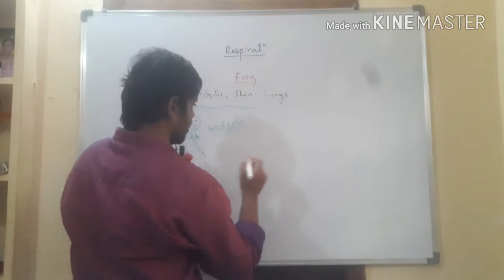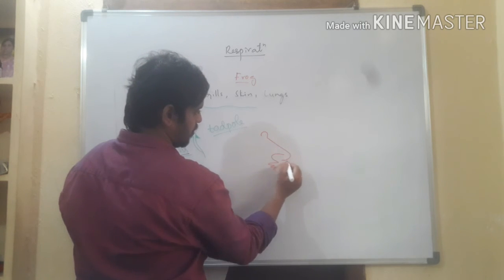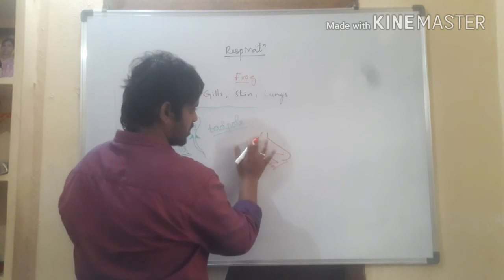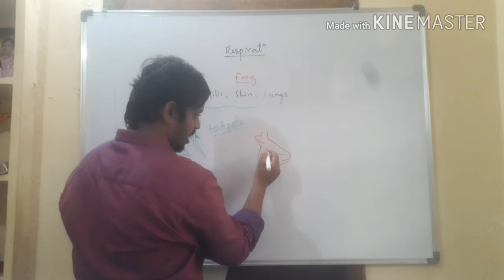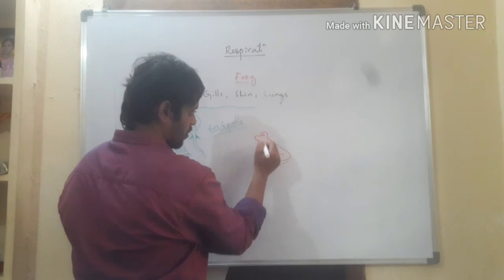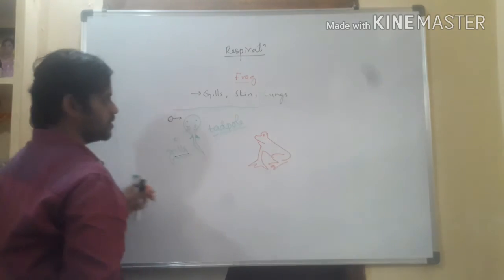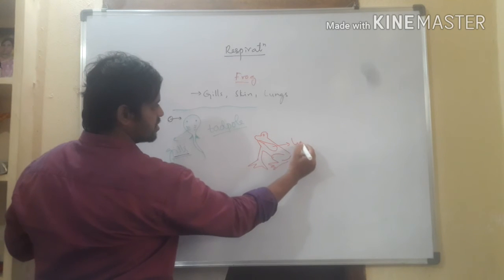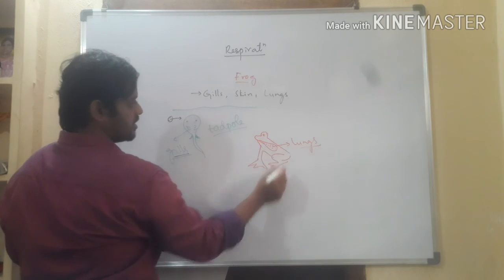When it grows to become an adult frog, it is going to respire with the lungs. They have lungs now. With the help of lungs they respire like us.